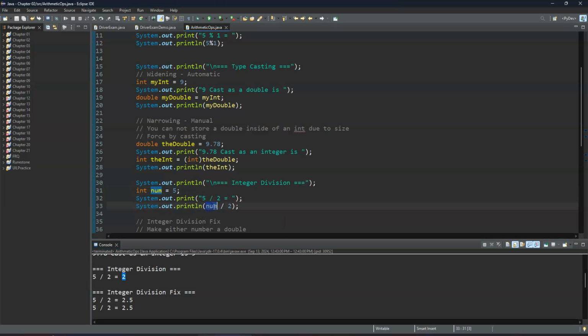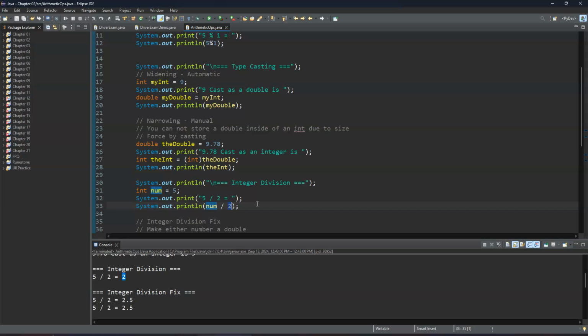Java assumes that if I have 2 integers, I want the result to be an integer as well. And because of that, I can't have the 0.5. So Java simply drops the 0.5 off the number. It doesn't round it. If it rounded it, this would have come out to a 3. But all it does is drops the decimal.